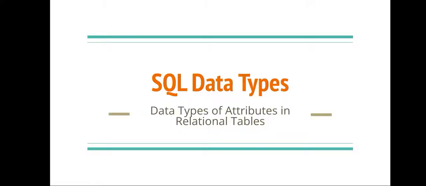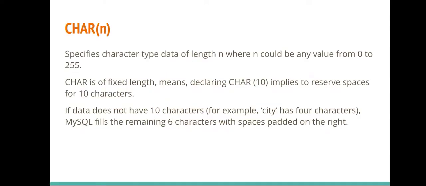Hello, this video is about SQL data types and we are going to discuss all the major 5 data types used in relational tables used in SQL. So the first one is character data type and we write it as char and the maximum size in the brackets.